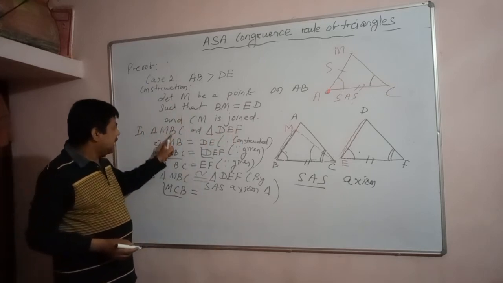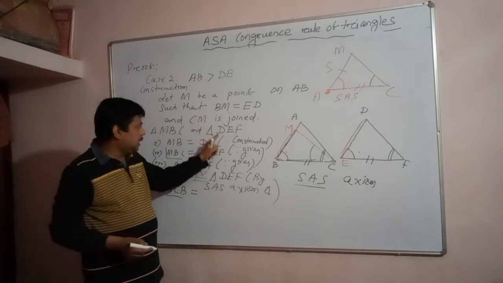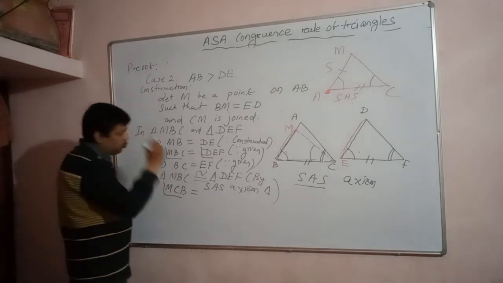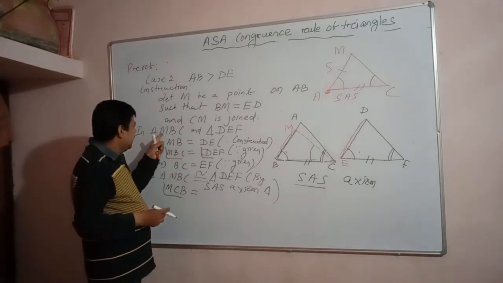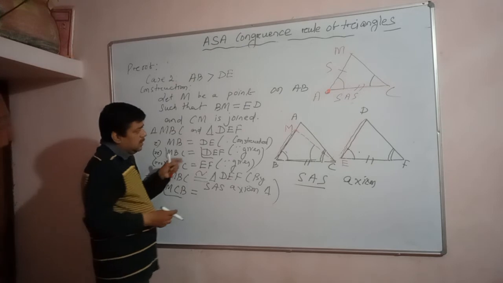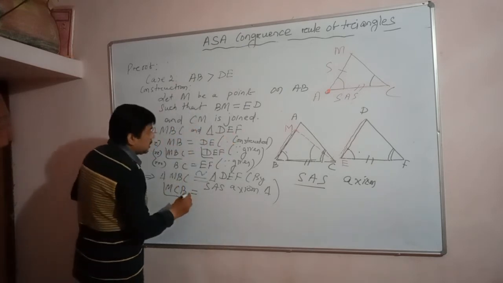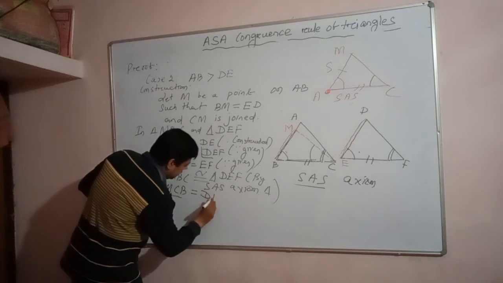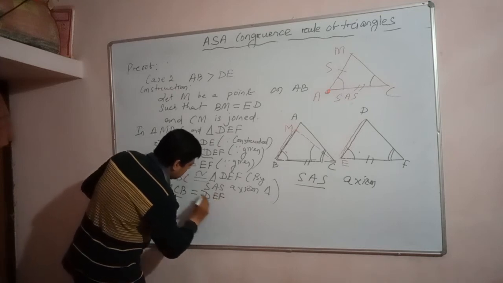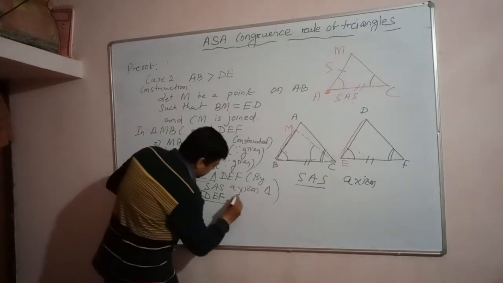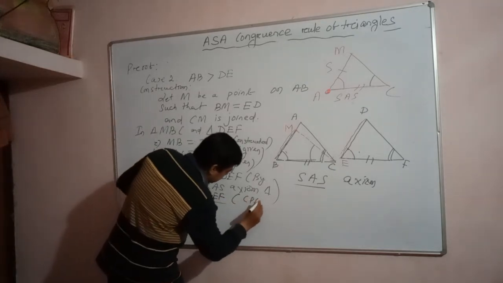MCB angle is equal to DFE angle. Let us watch the movement of my fingers once again. MCB angle is equal to DFE angle. This is the corresponding part of congruent triangles, CPCT.